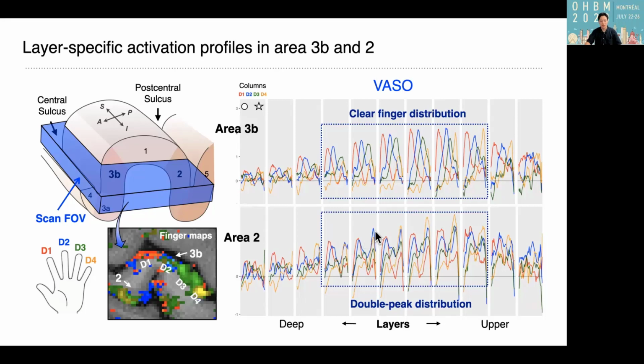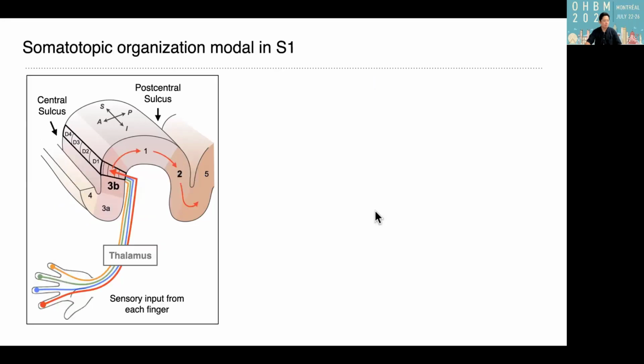And we are trying to explain our results using previous animal findings from the basic science side. As shown in this model, we know from animal studies that the first order sensory information of each finger will be projected to the finger area in 3B. Then these signals will be projected to areas 1 and 2 for further processing.